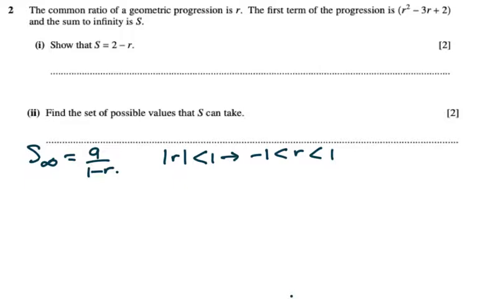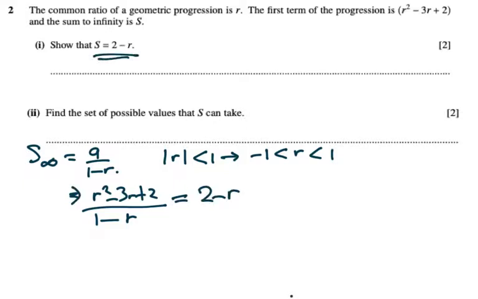So R is less than 1. In this case, the formula says your first term is R square minus 3R plus 2 over 1 minus R, and this is equal to 2 minus R, right? Because it's given here, 2 minus R. So let's sort this out.